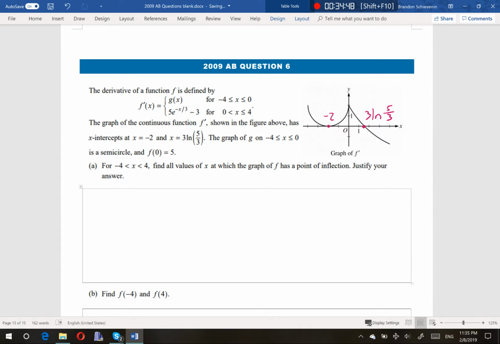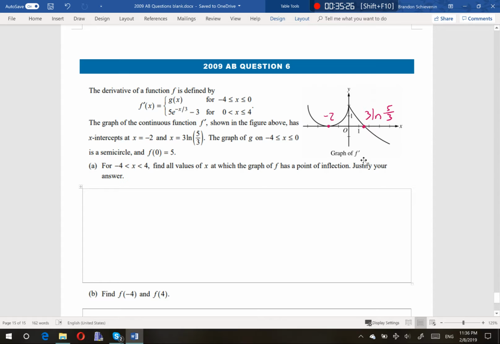If I'm looking for a point of inflection, what am I looking for? The top or the maximum or minimum of the graph. Okay, so a maximum or minimum of our original graph would be a critical point. Point of inflection is based on our second derivative. So a point of inflection is whenever our second derivative changes sign.